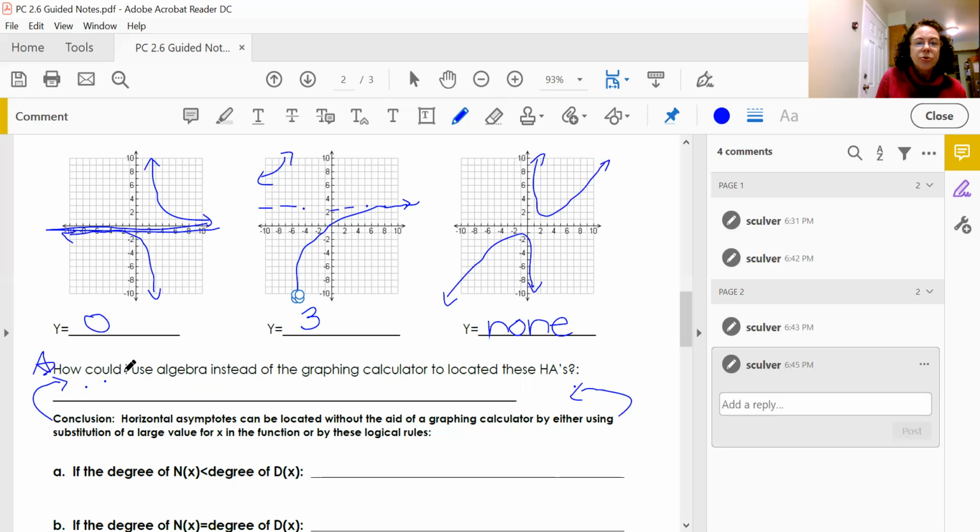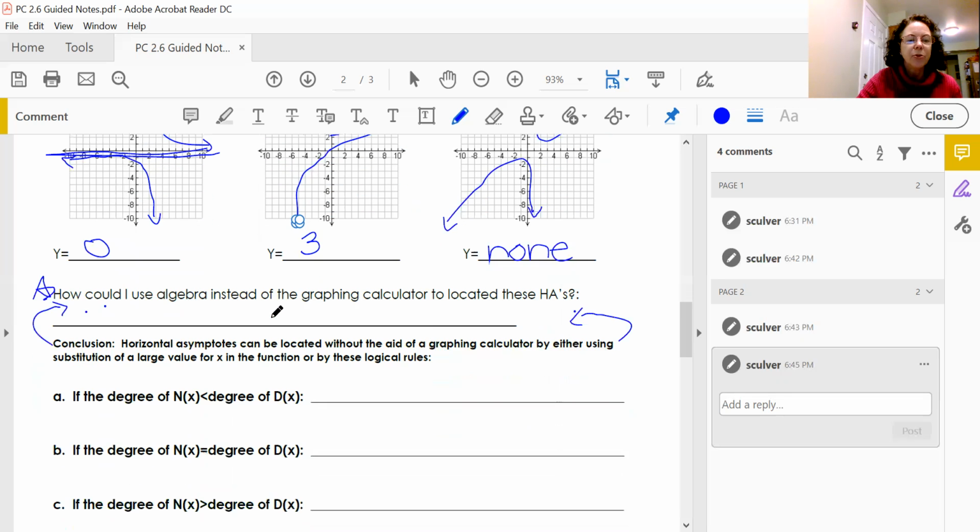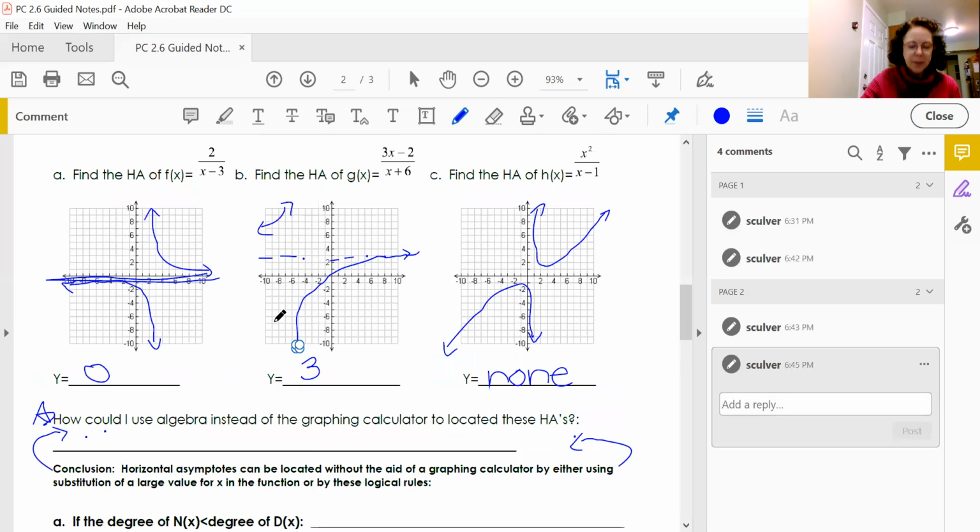Or we can use our rules of logic. So the answer to the question, if you just draw arrows, is above, okay? And here's what I want you to see. Let's go back up and then we'll fill in our 3 rules for horizontal asymptotes. Take a look at A. The degree of the numerator of A is 0.